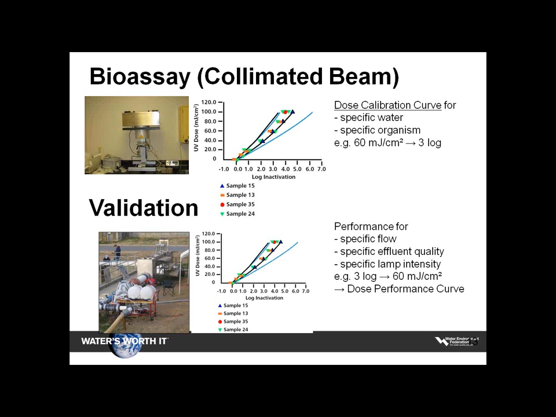The other one, which we hear oftentimes, is validation. That's where a very specific process is done to validate the reactor, looking at flow, water quality, and intensity, and it develops a performance equation that has, for lack of a better term, an envelope.